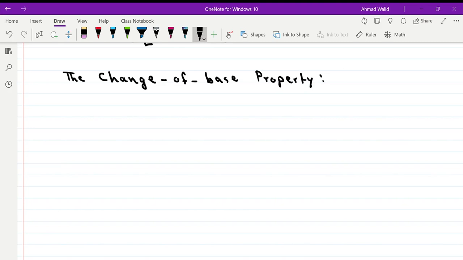If you have log of a number m base b, to calculate this log, you can write this one as log of m base a over log of b base a.